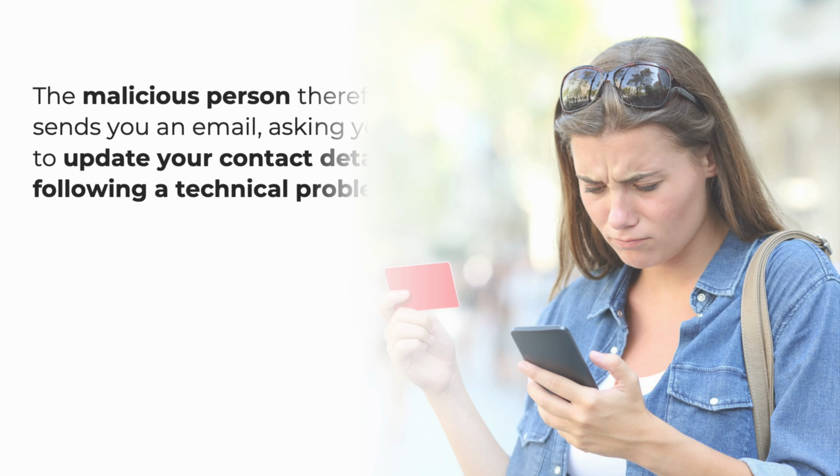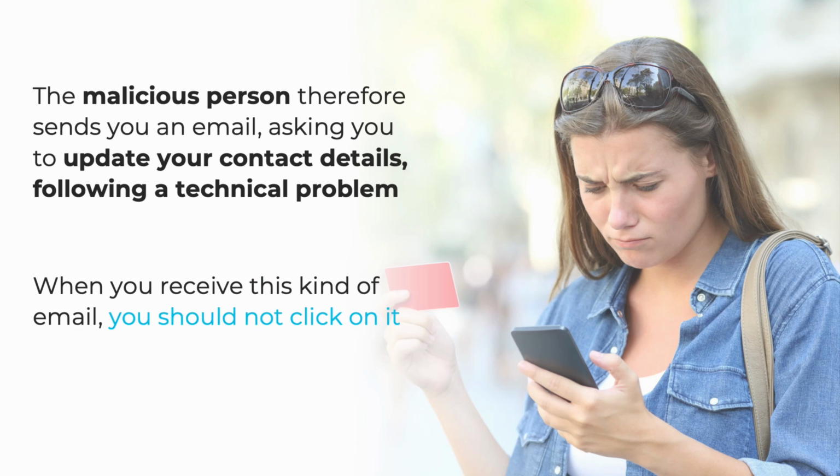The malicious person therefore sends you an email asking you to update your contact details, following a technical problem, for example. Of course, when you receive this kind of email, often full of spelling mistakes, you should not click on it or download attachments.